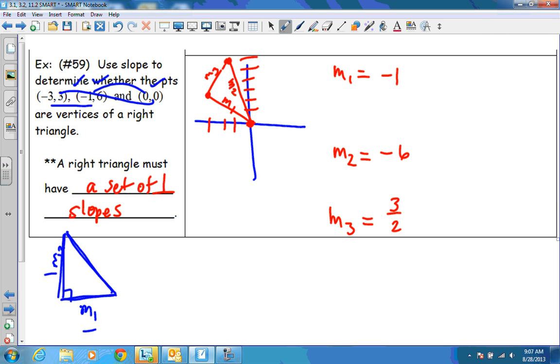Okay. So if this is the point, this one is 2, 3, and this one is 0, 0. So for my m sub 1, I'm going to do 0 minus 3 over 0 plus 3 basically. Right? Which equals negative 1. Does that help?